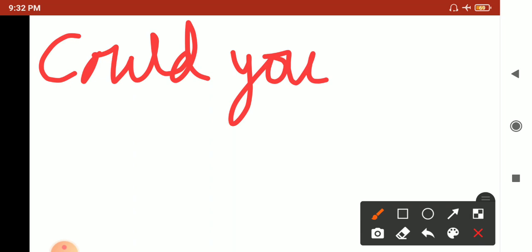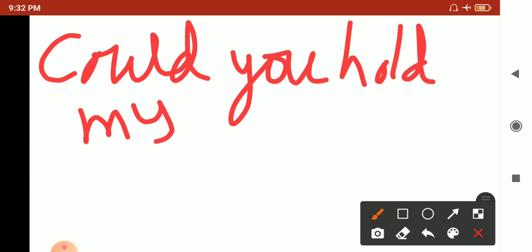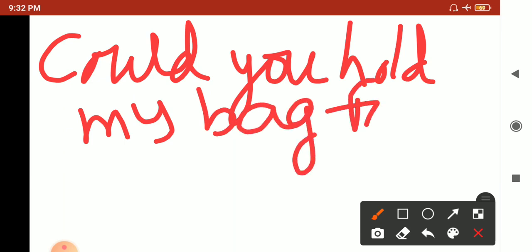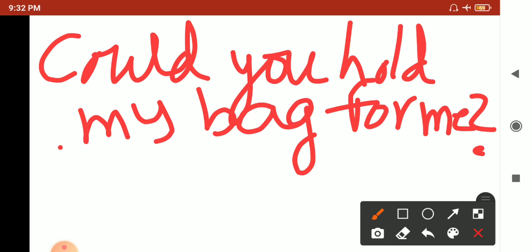Could you hold my bag for me? Now, what is the structure of the sentence? The structure is interrogative, that is questionary.